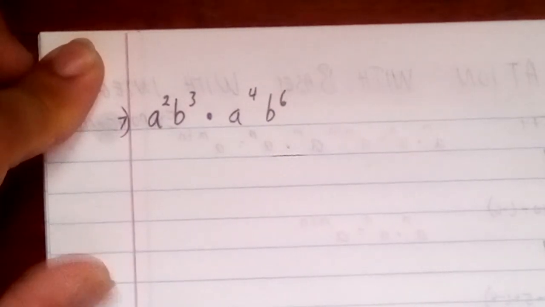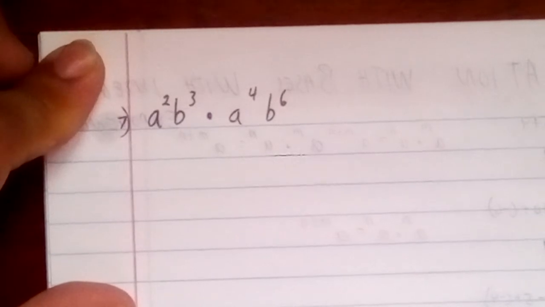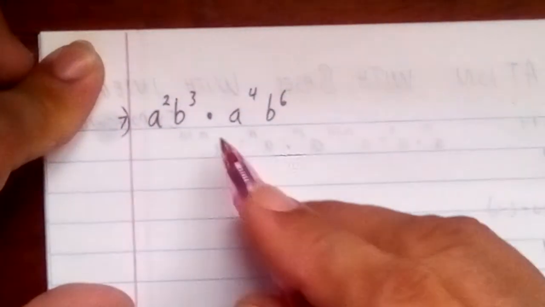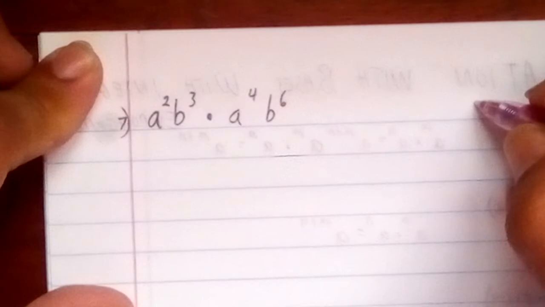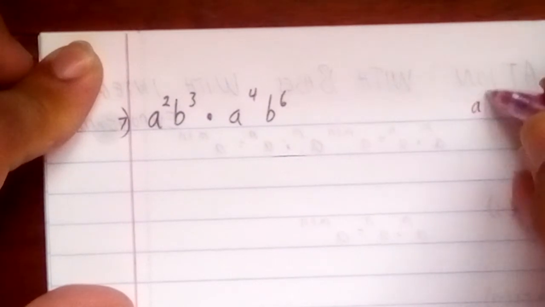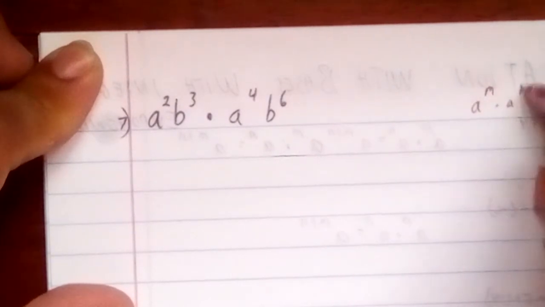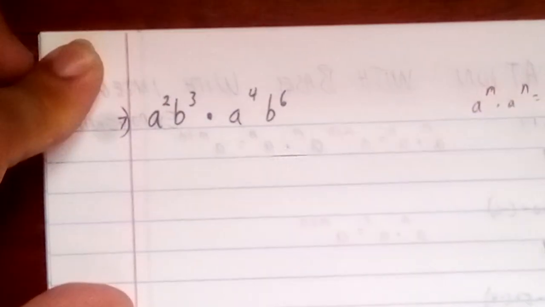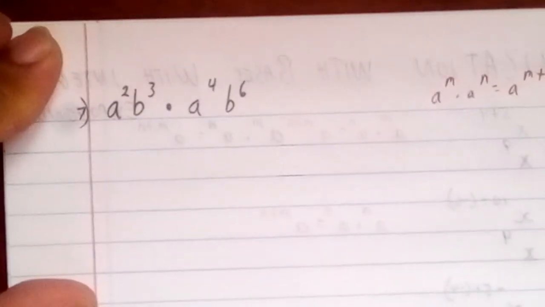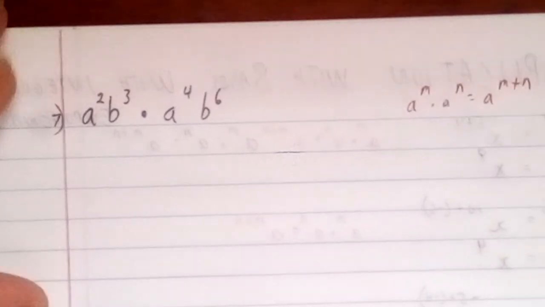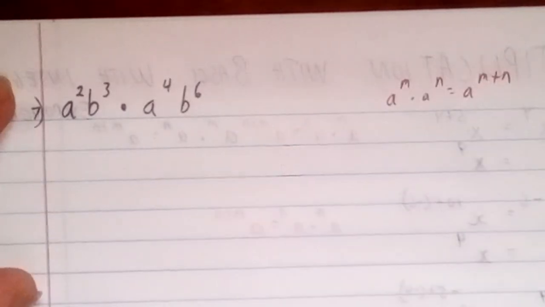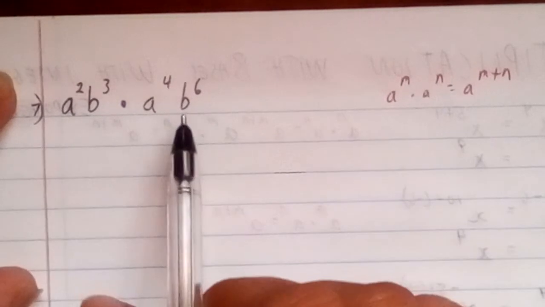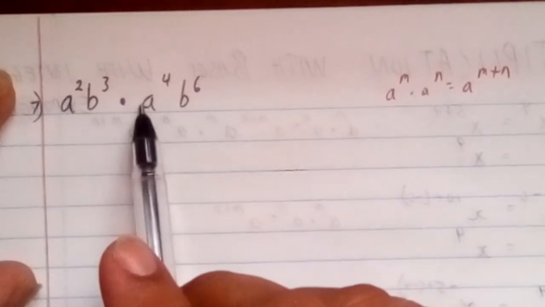Well, the rule says, and we must always recall this rule if we're multiplying bases, that if the bases are the same, we'll keep the base and simply add their powers. That is what we will need to be doing. Now, do we have like bases here? Yes, we have this like base and this like base.